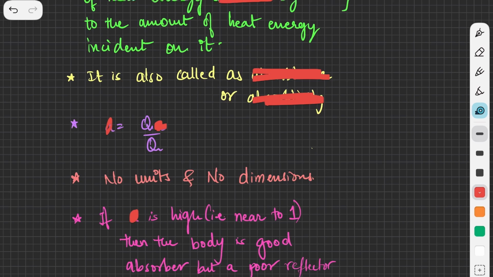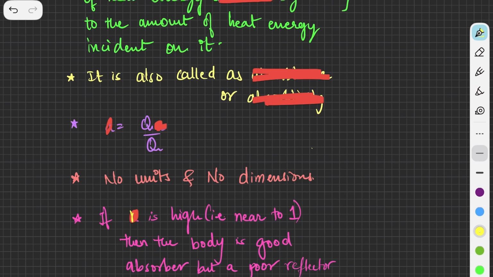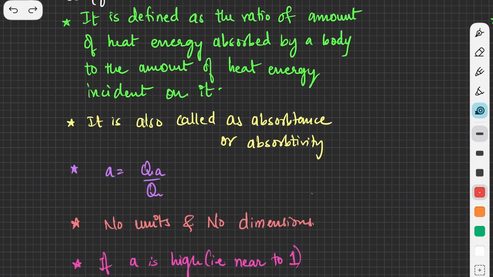No unit and no dimension, they would remain the same. And if the value of R is high, that is near to 1, then the body should be a good reflector, and it should be a poor absorber and a poor transmitter. I've just done it for you, but you can surely do it for yourself.